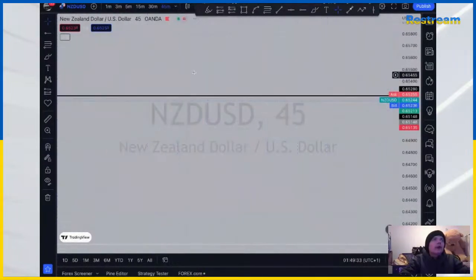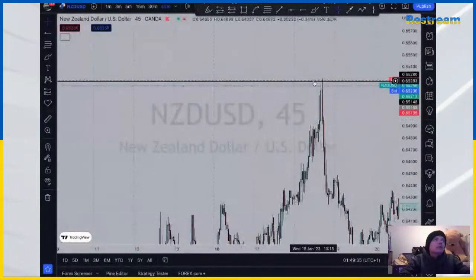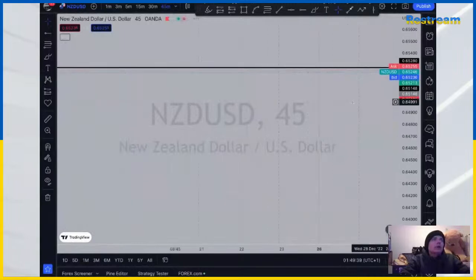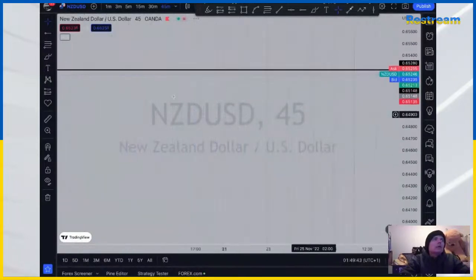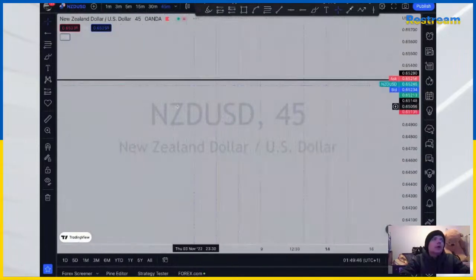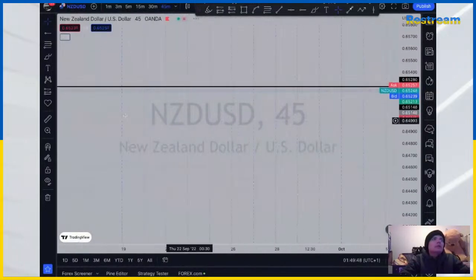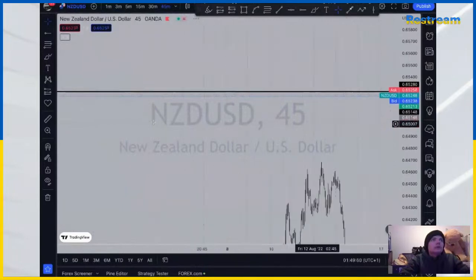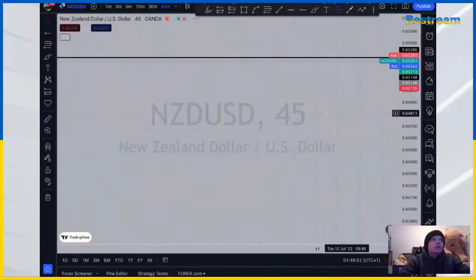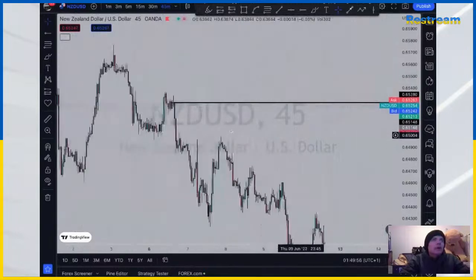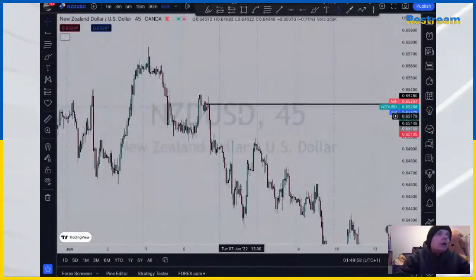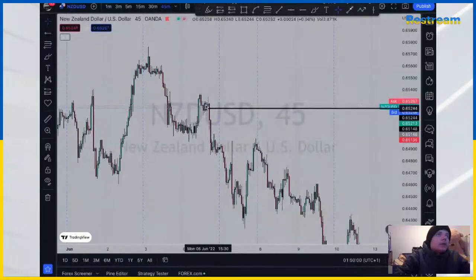And then go to the 45-minute. It's already been mitigated once and then dropped. Right? And it came close. Alright, now find that candle. Alright, so it's in this candle right here.